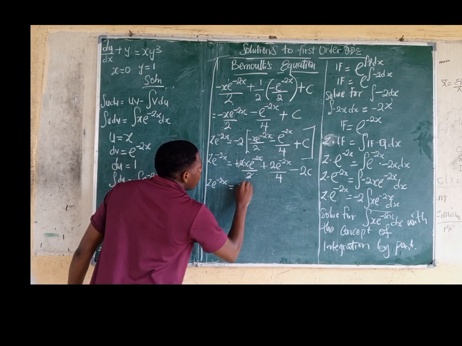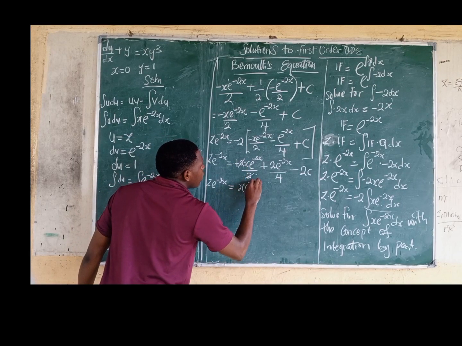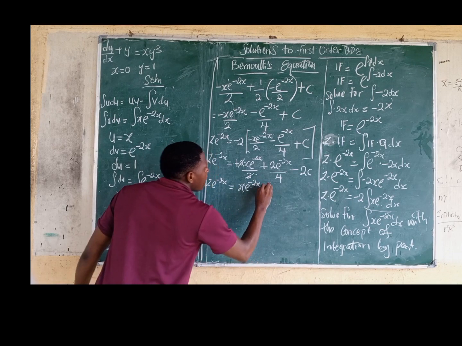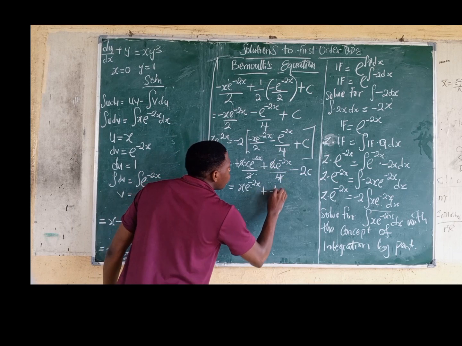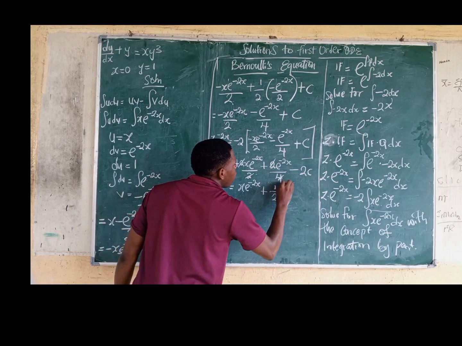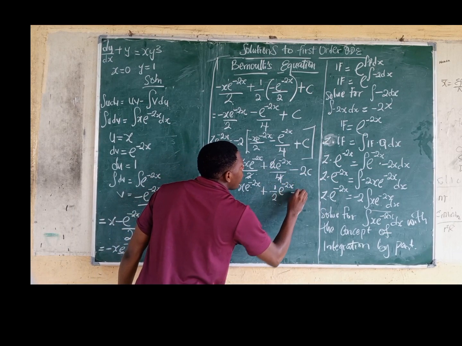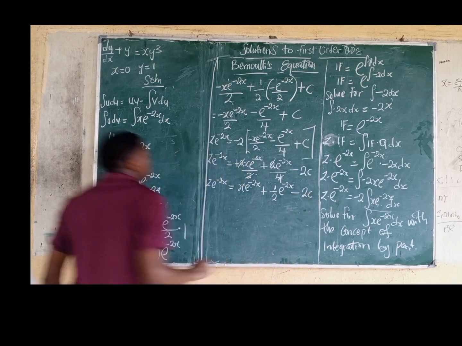You are left with x exponential minus 2x plus 1 of this is knocking out this, so you are left with 1 over 2 exponential minus 2x minus 2c.